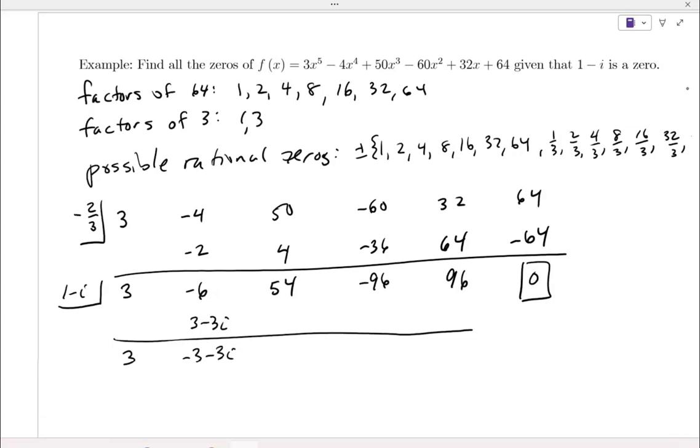Negative I times negative 3I is positive 3I squared, which is another negative 3, right? So we get negative 6. Then we get plus 3I and minus 3I. It looks like the i's go away there in the middle. Okay. So we just get negative 6. Add down, we get 48.